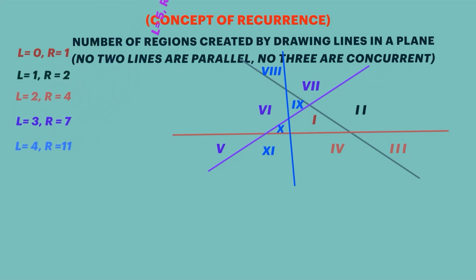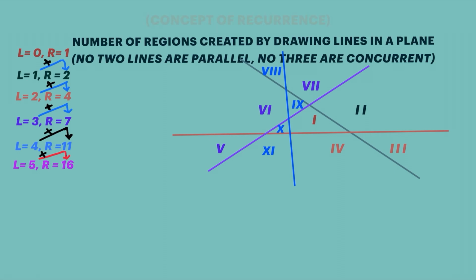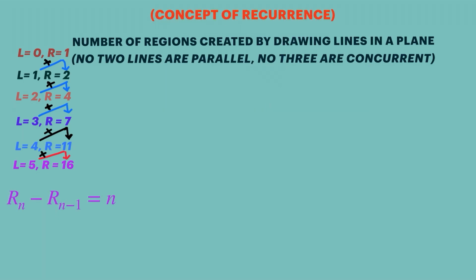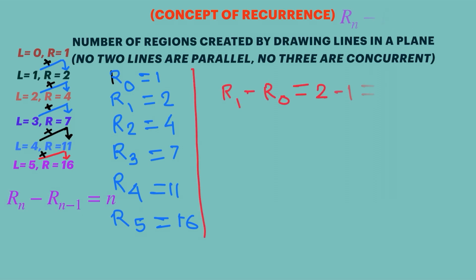So see, the recurrence relation Rn equal to Rn minus 1 plus n, and from this we get Rn minus Rn minus 1 equal to n, and by using this equation, we get some relations.